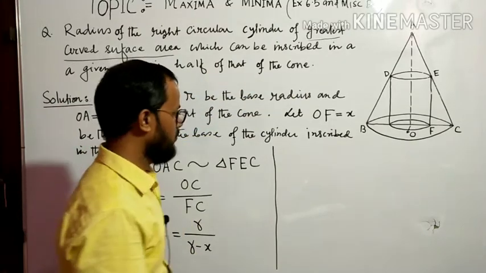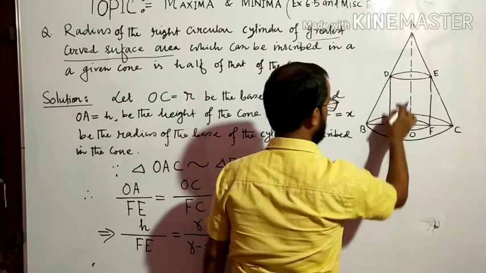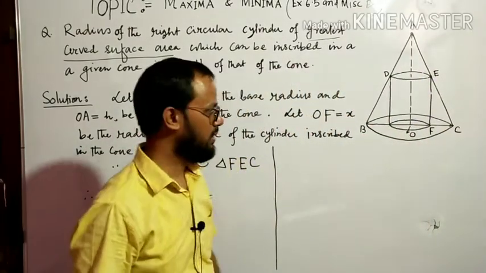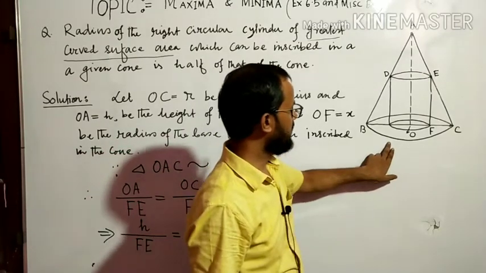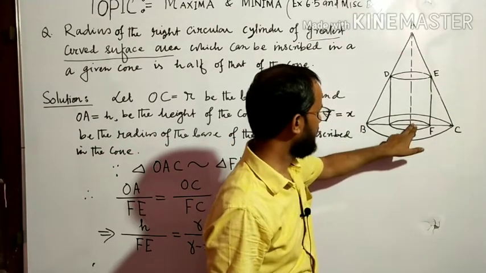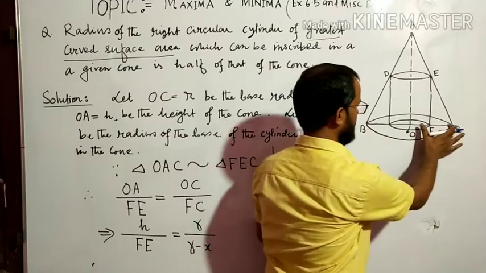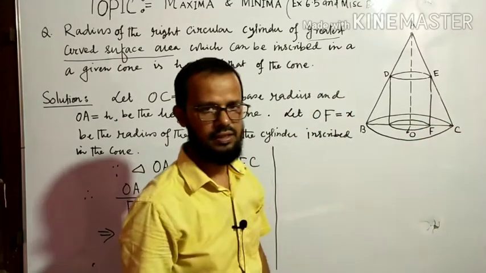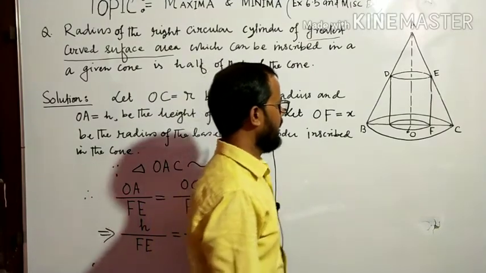Suppose this is the cylinder inscribed in a given cone. Given cone means its height is given, and its radius of the base, OC, is also given.